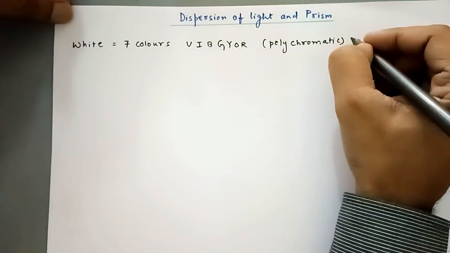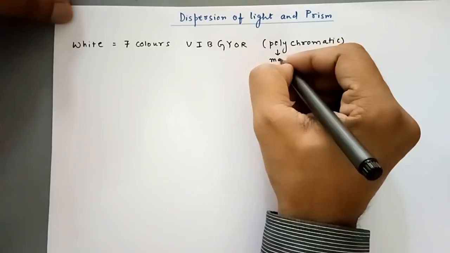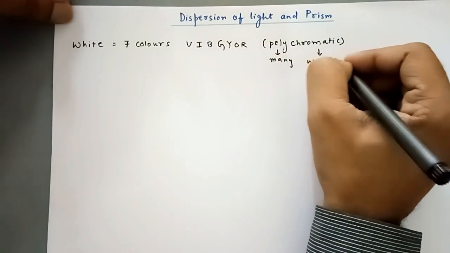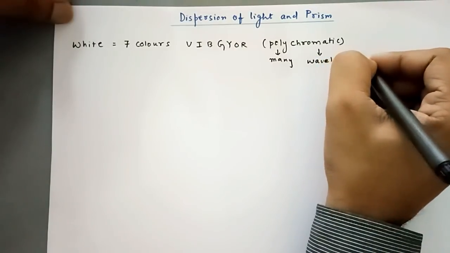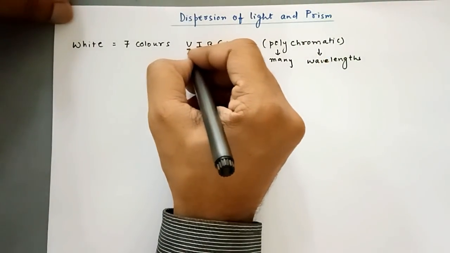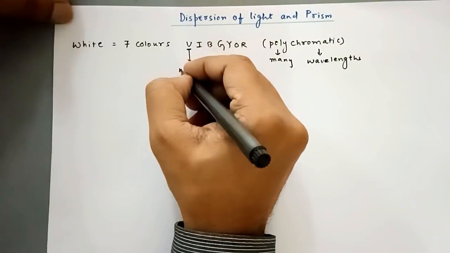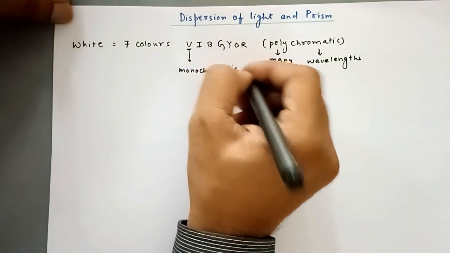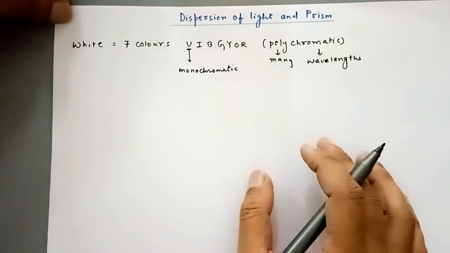Polychromatic means many wavelengths: poly means many, chromatic means wavelength. Whereas if you consider only violet color, then it is called a monochromatic light. That means a single color, a single particular wavelength.